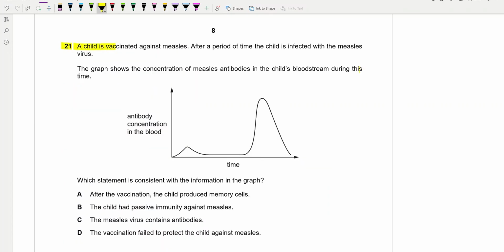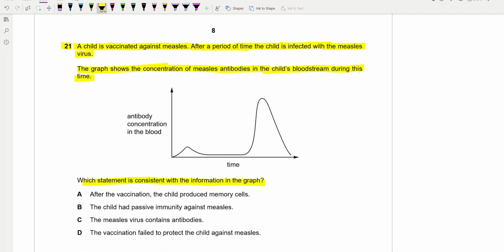Question number 21. A child is vaccinated against measles. After a period of time, the child is infected with the measles virus. The graph shows the concentration of measles antibodies in the child's bloodstream during this time. Which statement is consistent with the information of the graph?